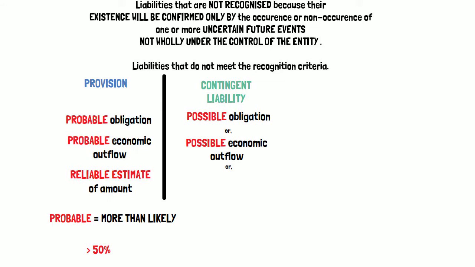Where it calls into question that money going out or that asset going out, then it can't meet the recognition of a provision. It meets the criteria of being a contingent liability.